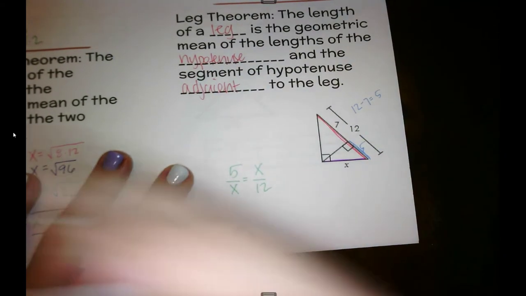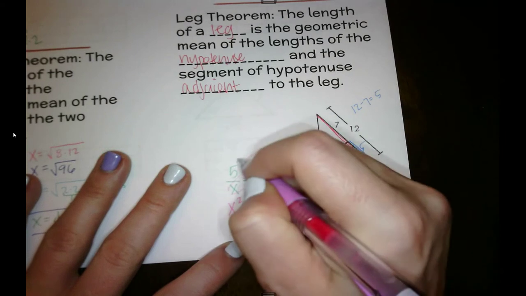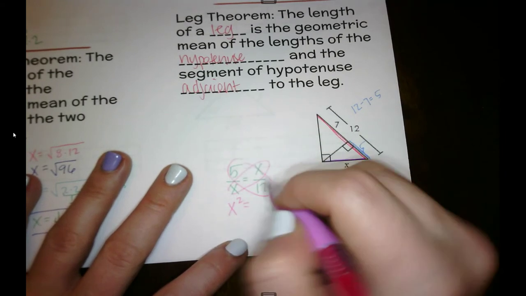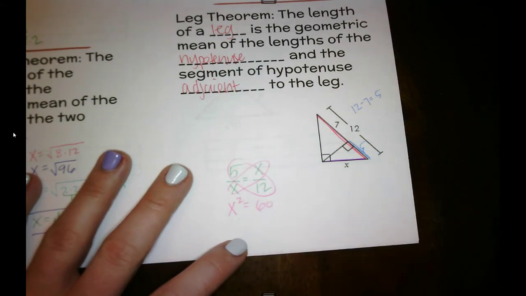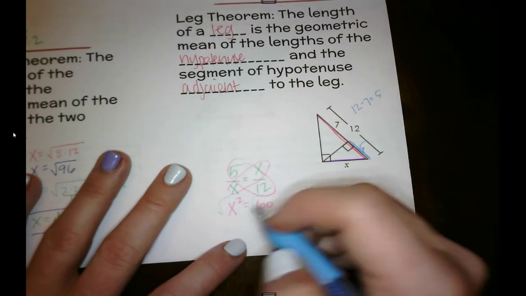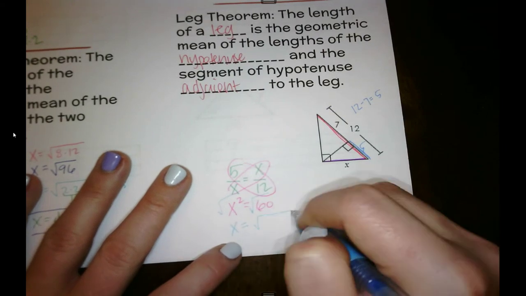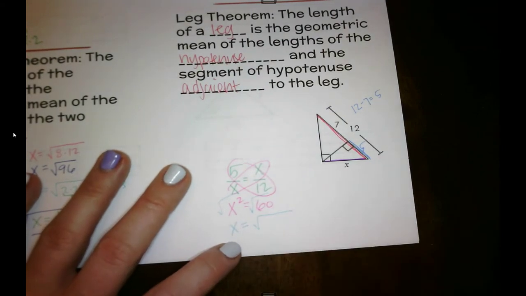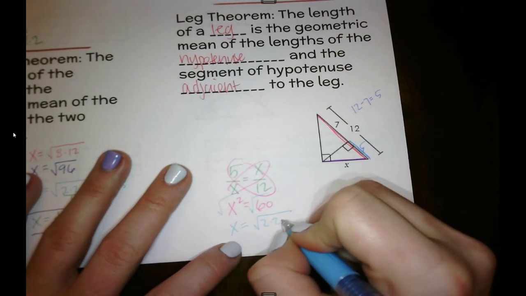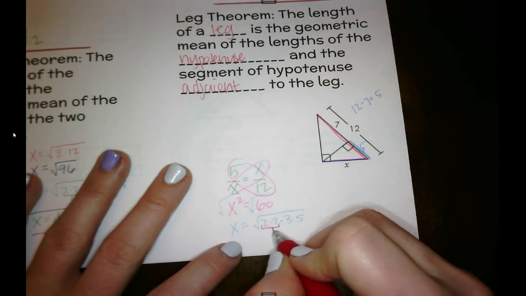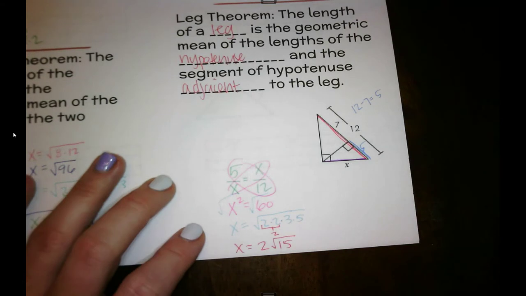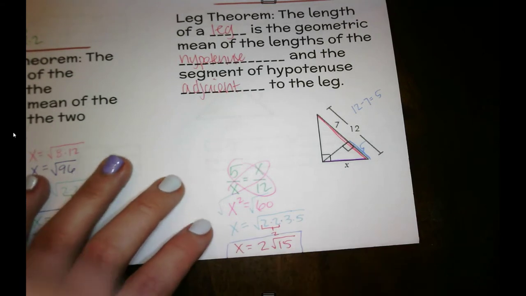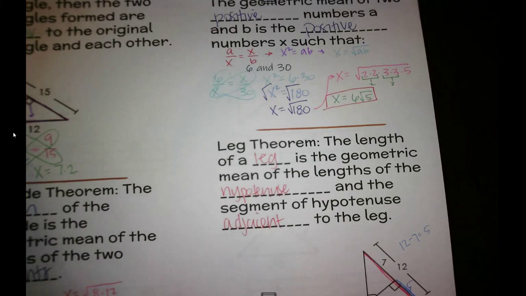So then this equals, when you do your cross product, 5 times 12 is 60. And then you need to take the square root. x equals, factors of 60 are 2 times 2 times 3 times 5. Pulling out my pairs, no more pairs. So x equals 2 square root of 15. And that is your leg. All right, let me know if you have any questions.